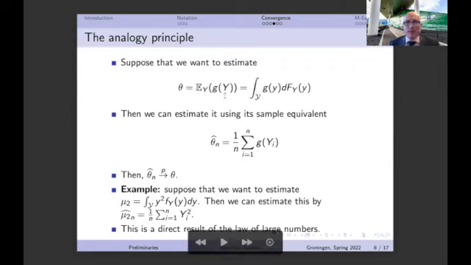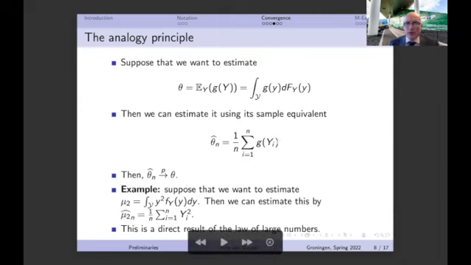Well, the analogy principle now says that it's always possible to estimate this by instead using the so-called sample equivalent, the sample mean of this population mean that we have over here. Well, what is the sample equivalent? That's always equal to, well, no expectation, but we're going to have a summation.